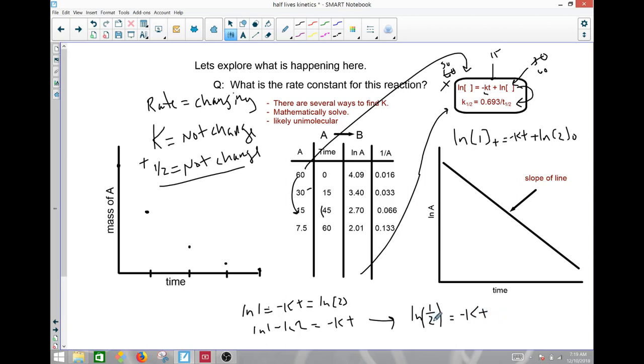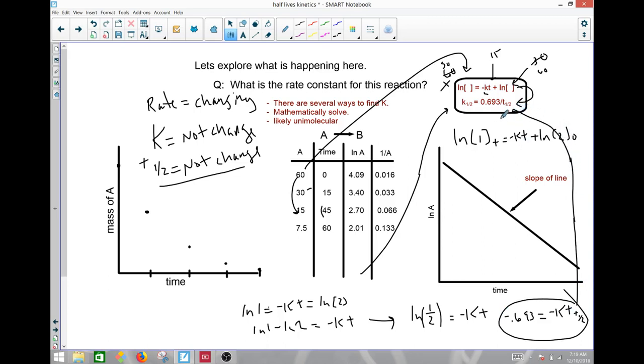Natural log of 1/2 is negative 0.693, which equals negative kt. Then the negatives come off, and this is the time for 1/2. So this ends up being a static formula, where I took the negatives off, and we just get our standard half-life formula.